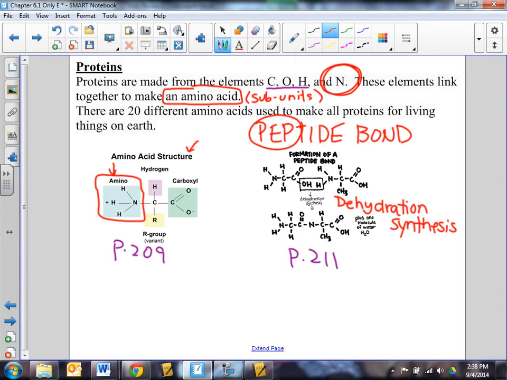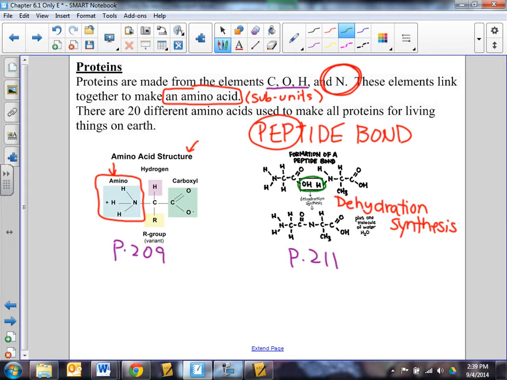So just like any other macromolecule, just like a fat, just like a carbohydrate, if I would like to attach two amino acids together, I will locate a spot on the molecule where there are two hydrogens and an oxygen that I could take away. Notice how I don't care what the rest of the molecule looks like. I wouldn't expect you to memorize that or draw it from scratch.